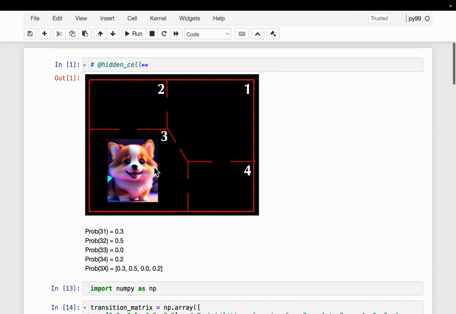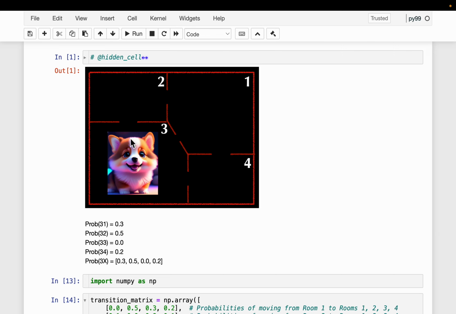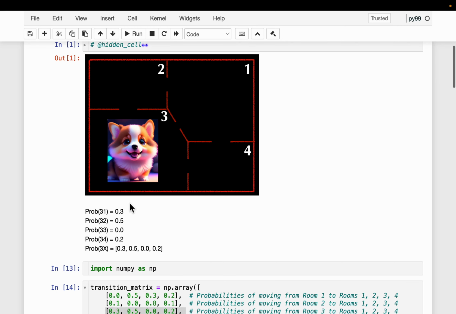Okay. Now from each room to every other room, there is a certain probability of making that move. For example, when the pet is in room number 3, the probability of it moving to room number 1 is 0.3. Okay.